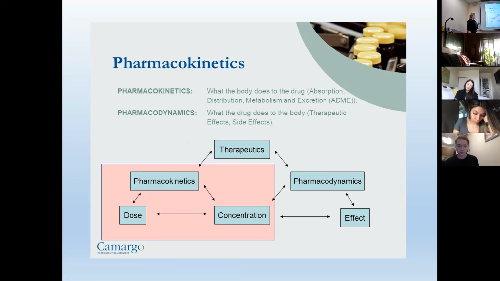So if we look at this, we can see all of the bidirectional relationships. If you think of this as the body, the drug is coming from the outside and it is going to go into the body, and it will affect doses and concentrations. We will increase, decrease. We will change their lifestyle.